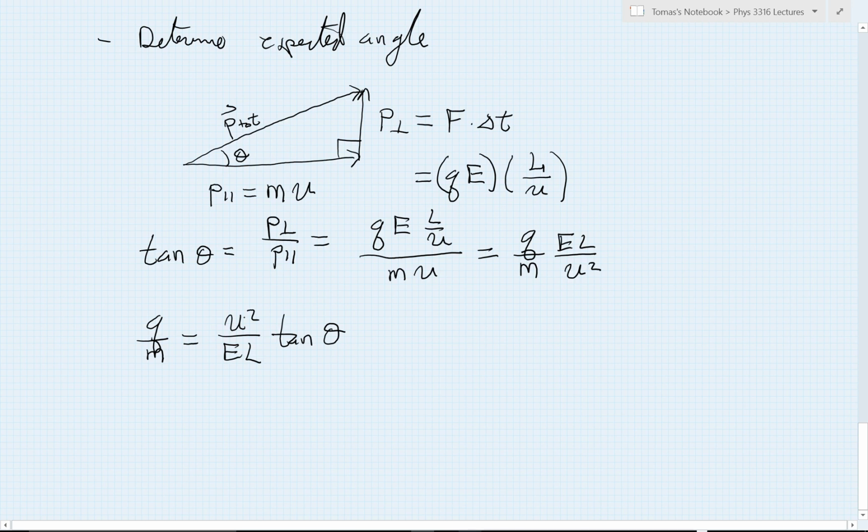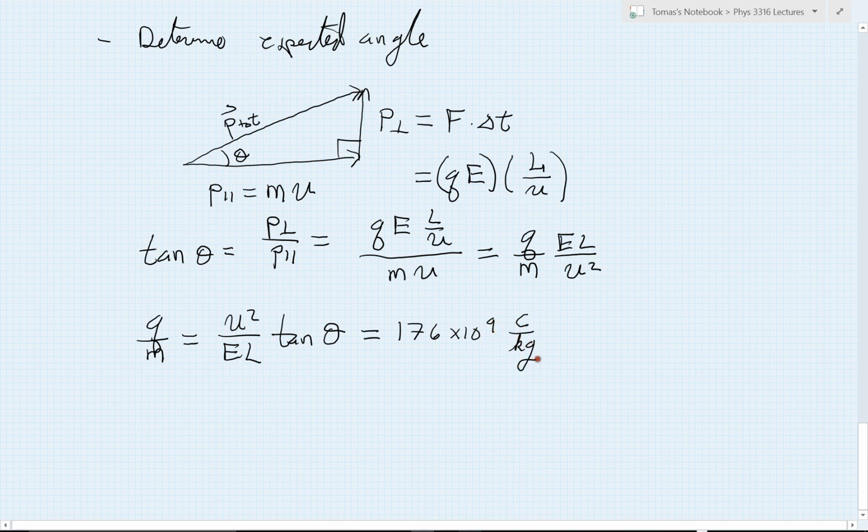Great. And here is the value that Thomson discovered for this. He discovered, when he does the measurements, that he gets a very interesting value. He gets 176 billion coulombs per kilogram.